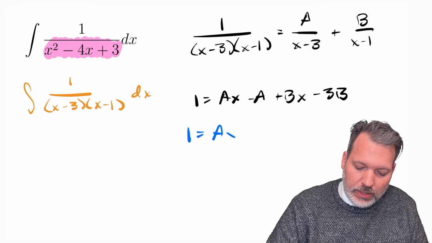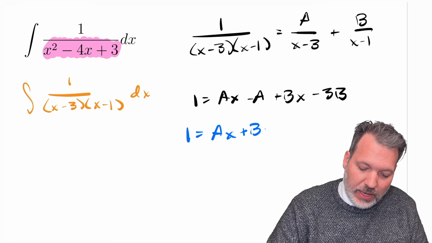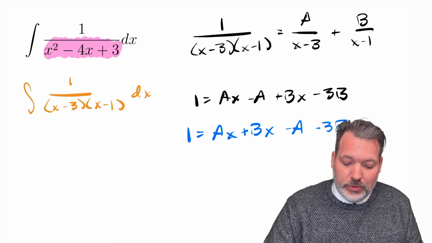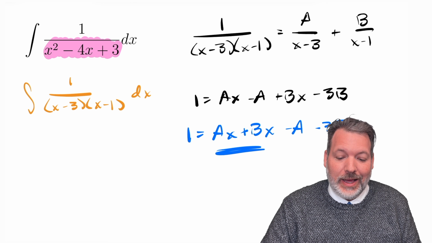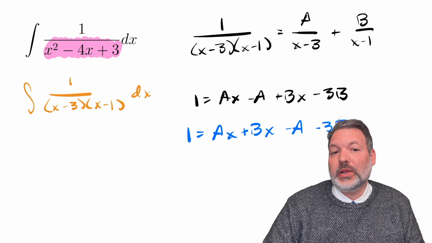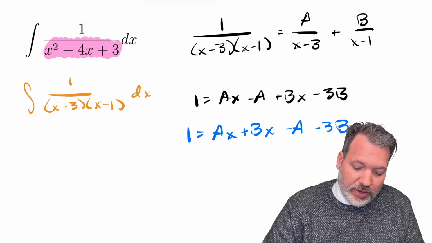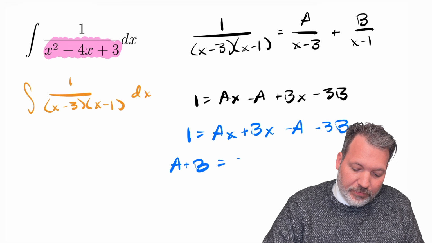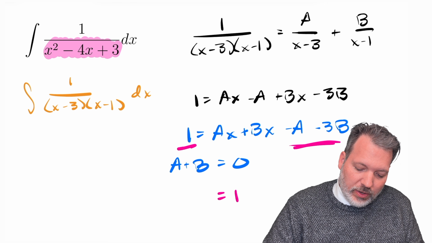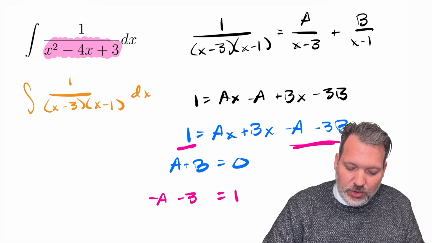We can say that 1 equals ax plus bx minus a minus 3b, and the only way this can be true is if somehow those x bits are canceling out, because we have no x bit on this side. That must mean that ax plus bx is 0, which is another way of saying a plus b itself is 0, and then of course the numeric parts, 1, must be coming from negative a minus 3b.